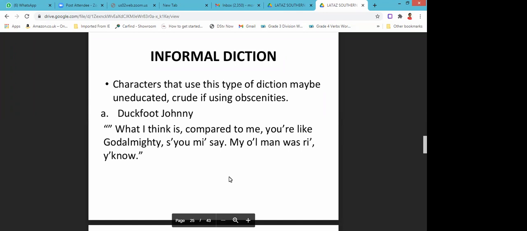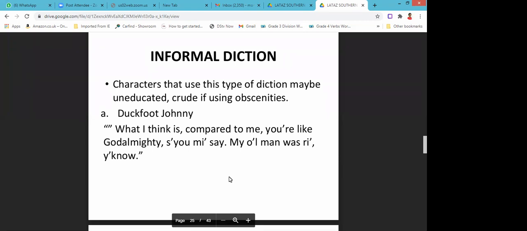Sew, me, say, my old man was right, you know?" So this is a sign. Yes, you could say it's slurred speech because he's drunk, but we are told that Duckfoot Johnny is not very educated. But because he's in the midst of Medza, so he's trying to speak like Medza. But we're given what type of character he is.